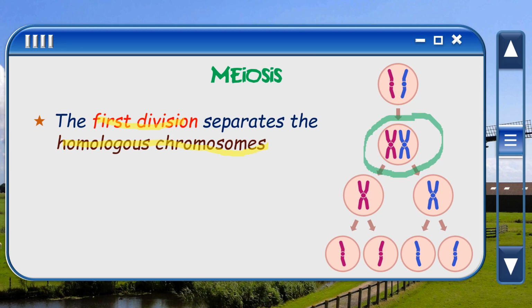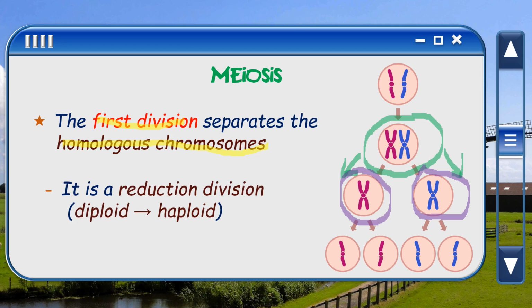When the first meiotic division takes place, it is going to divide those homologous chromosomes. They are going to be separated, and each one will go in its own cell. That is what we refer to as the first meiotic division, or the first division. It separates the homologous chromosomes, and each chromosome goes into its own cell.